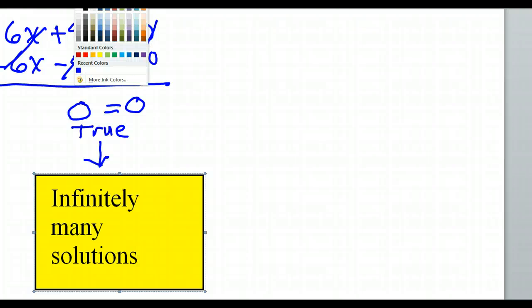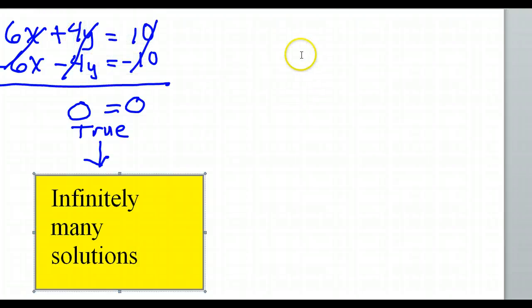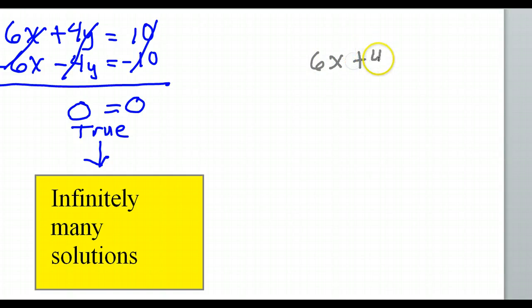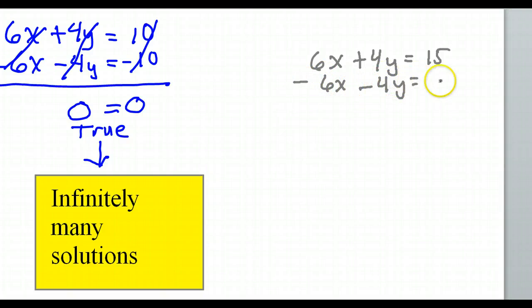Let's say, just for an example, that it had been more like this. Say we had the same thing, 6x plus 4y, but instead of 10, let's say it was 15. And let's say the bottom equation was the same: negative 6x minus 4y is equal to negative 10.